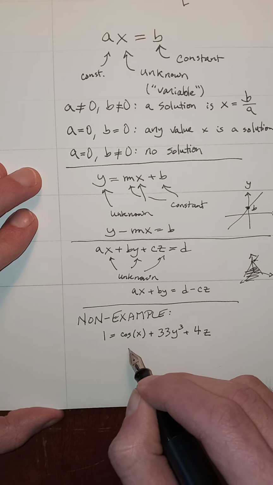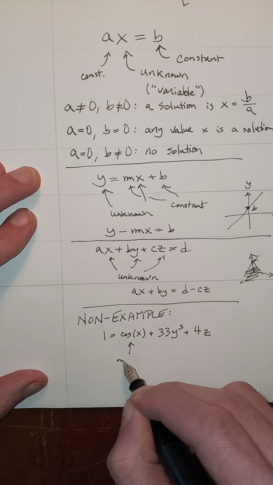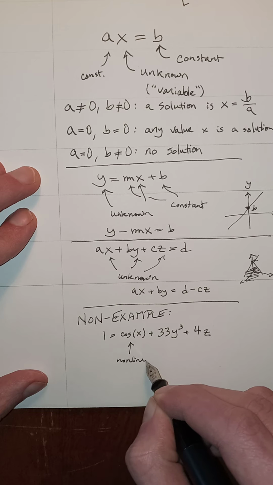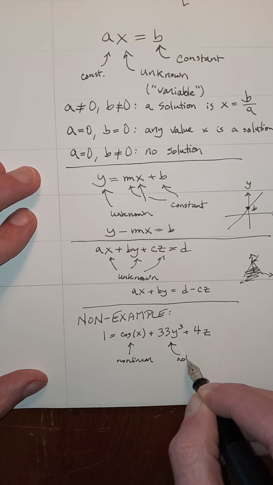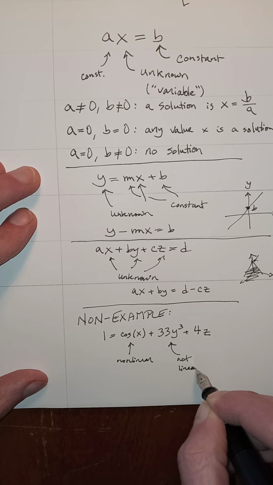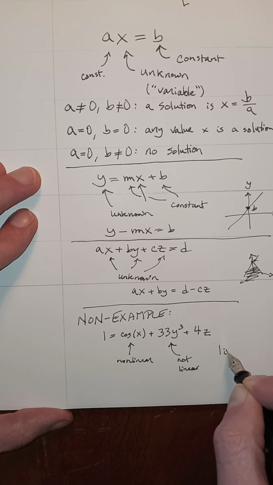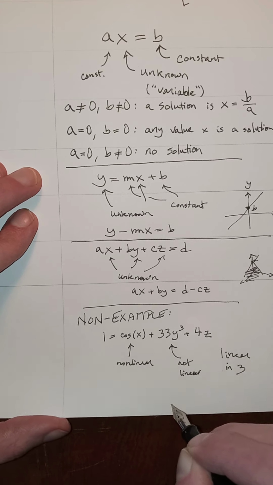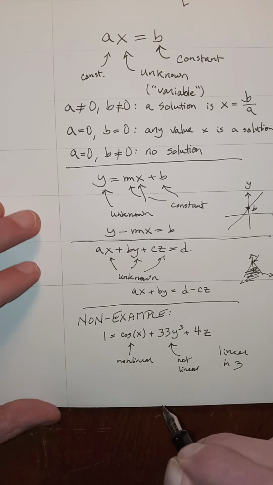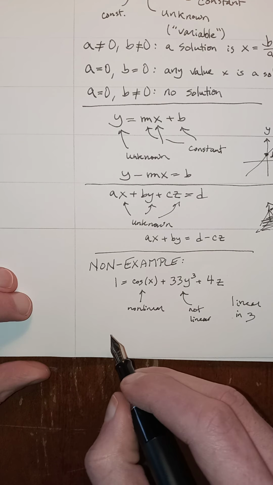So cosine of x is not a linear function. Y cubed is not linear. At most, this is linear in z. And that is basically a simple nonlinear example.